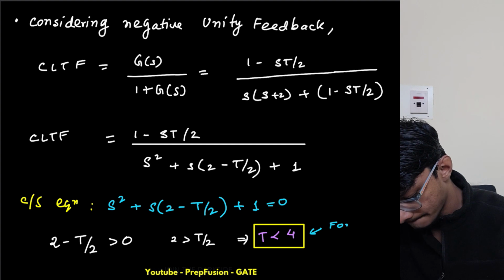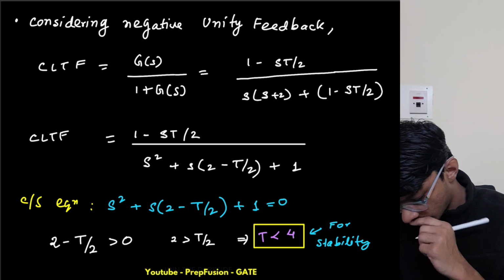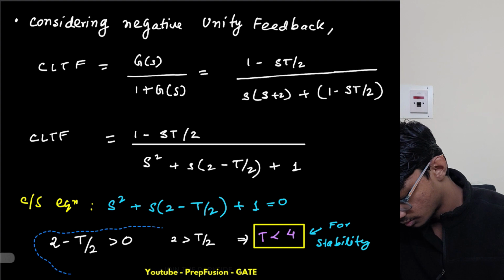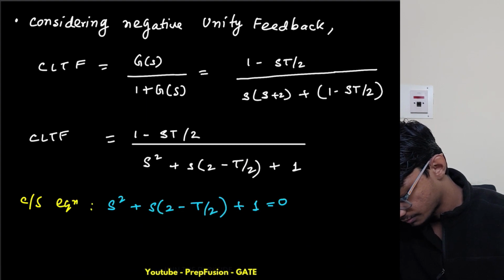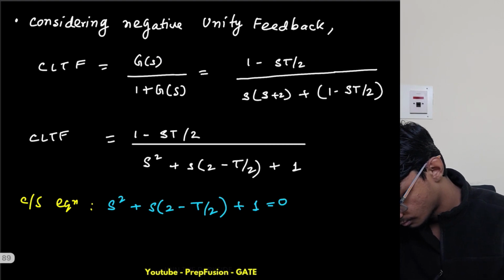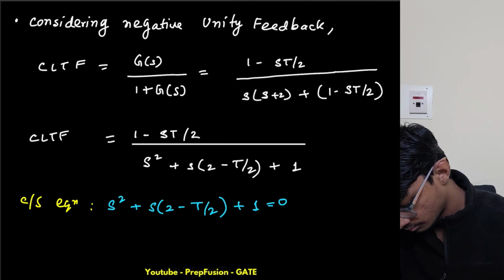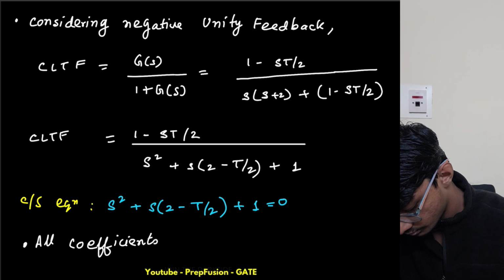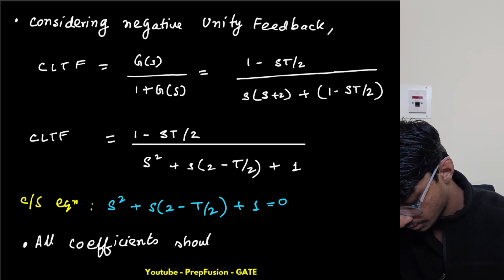Basically, I will take this on the next page and write here also that all my coefficients should be positive. Else you compute the Routh table and you will see from there also that the coefficients should be of the same sign.